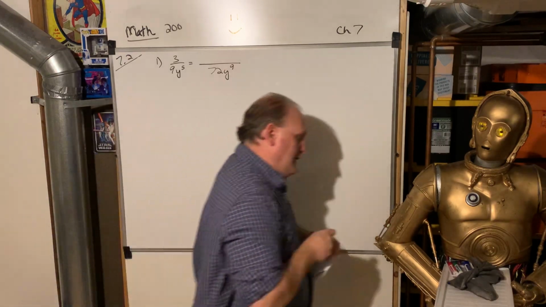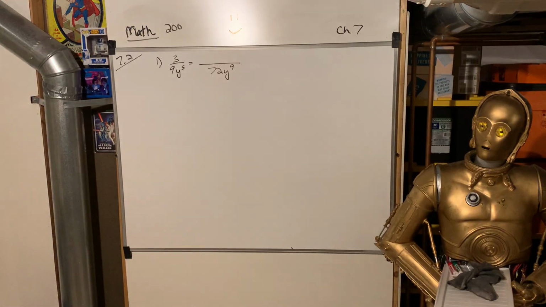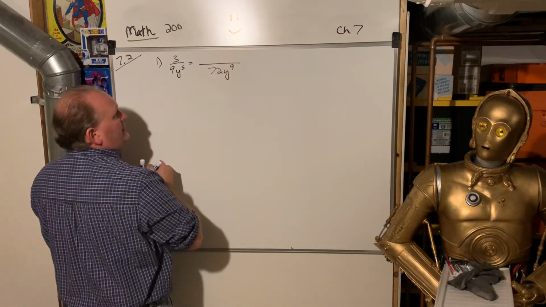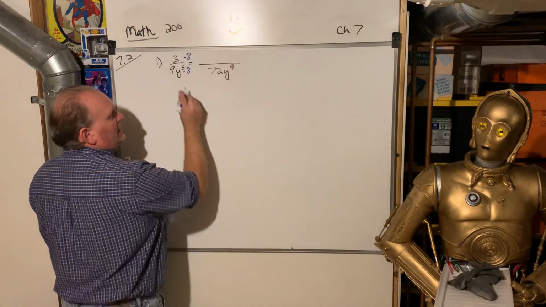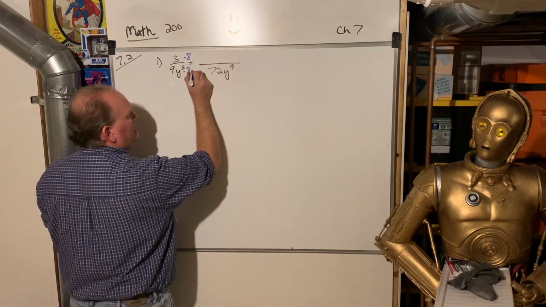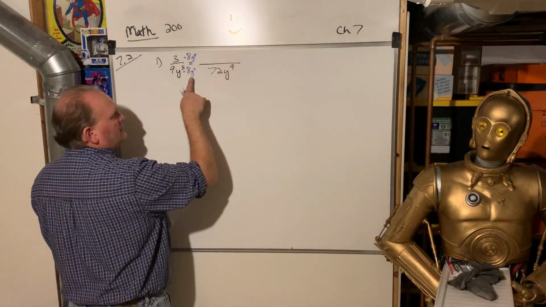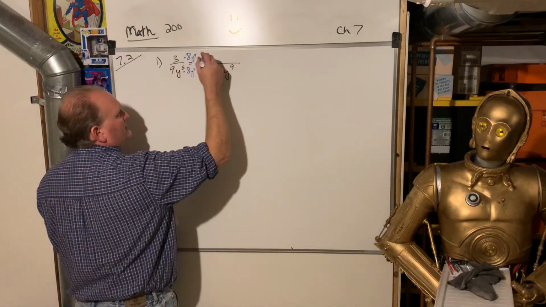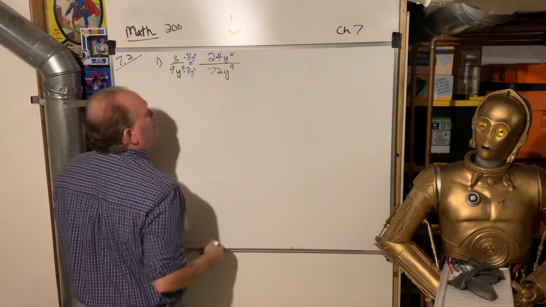So you look at that and you say, okay, what did I multiply to get those? What did I multiply 9y to the 5th by to get to 72? Well, that is 8, top and bottom. And then y to the 5th to y to the 9th is y to the 4th. And so on the bottom, I multiply by 8y to the 4th to get to 72y to the 9th. On the top, I'm going to multiply by 8y to the 4th, and it'll be 24y to the 4th.